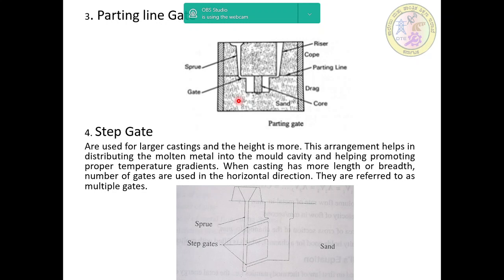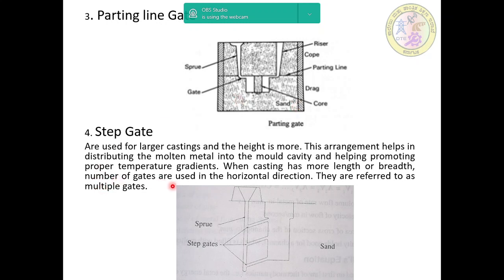The molten metal flows into the cavity from a certain height. This type of parting line gating system is used for most non-ferrous alloys and to produce some steel castings.